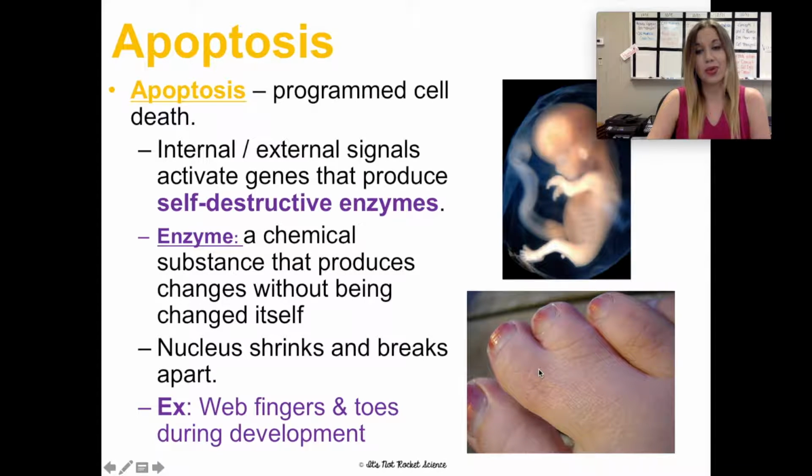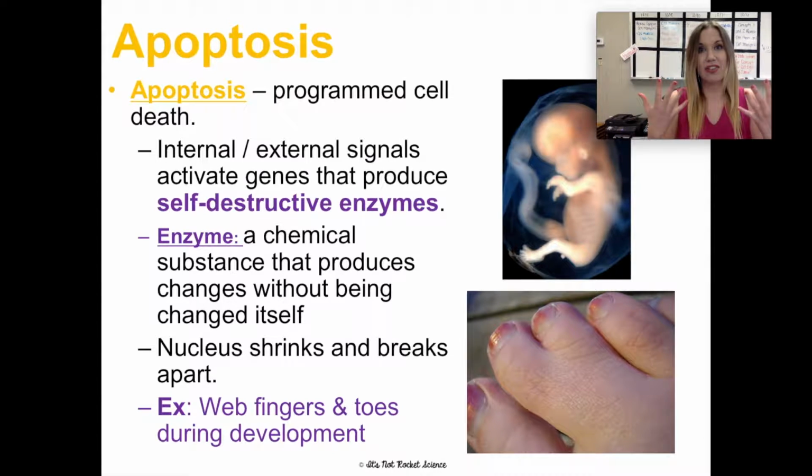It's really cool. The reason we have this programmed cell death, especially early on, is to make sure that we have space between our fingers. Early on when we're developing, our fingers are like little balls. And through the process of apoptosis, the cells between our fingers start to die and they leave space in between.